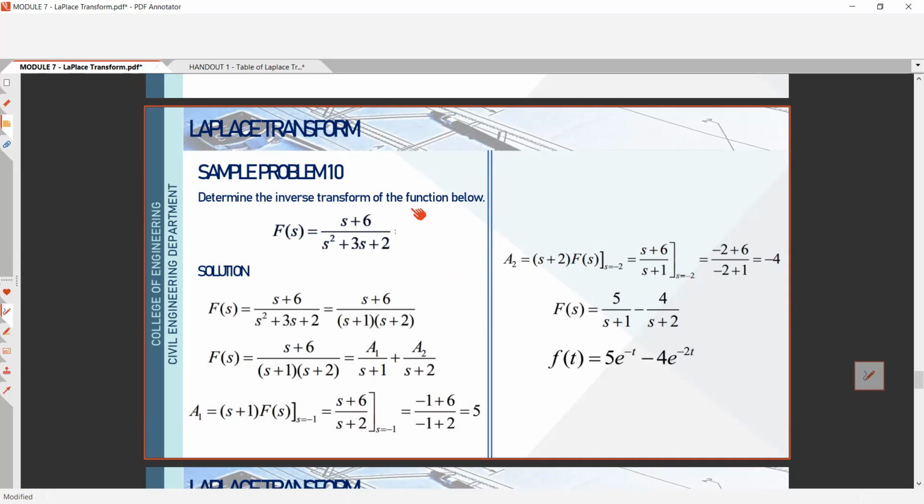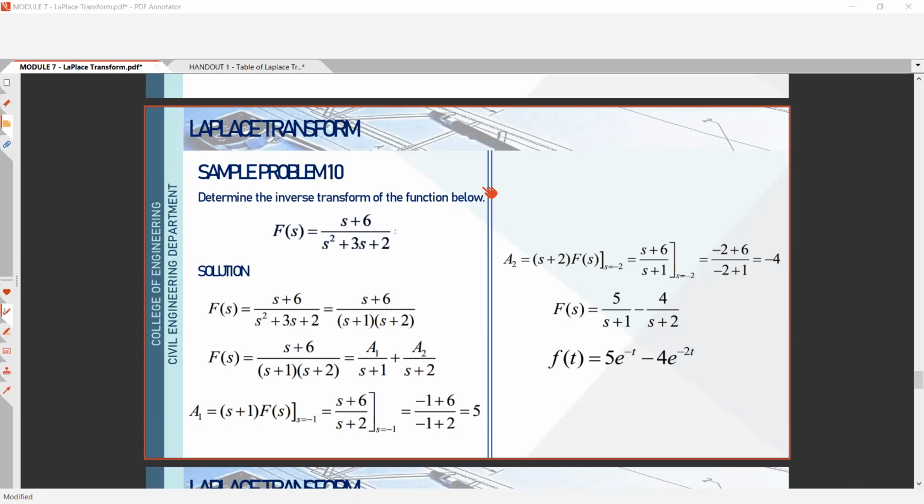Tama. Transpose mo sa kabila. So, -2 and -1 nga. Ito yung roots dito eh. So, that is real. Ibig sabihin, finactor niya, s plus 1 and s plus 2. So you will need partial fraction expansion to solve for this one. Open muna natin yung Blackboard, doon ko i-try isulat.